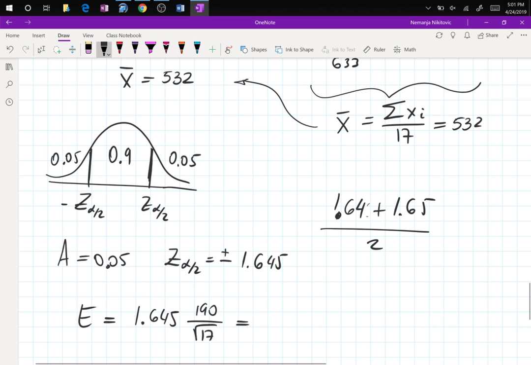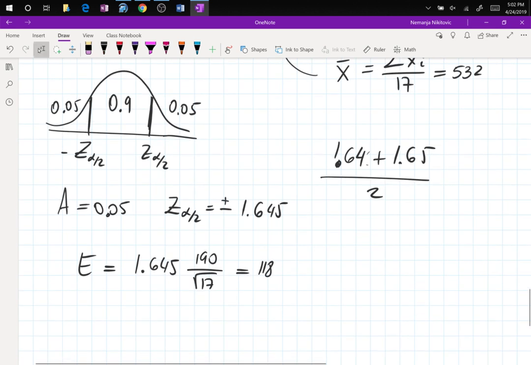This is going to give us the margin of error. 1.645 times 190 divided by the square root of 17. Margin of error of 118.1. Well, we can just call it 118.